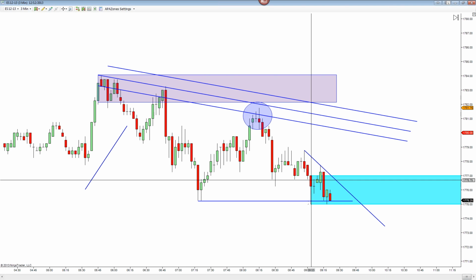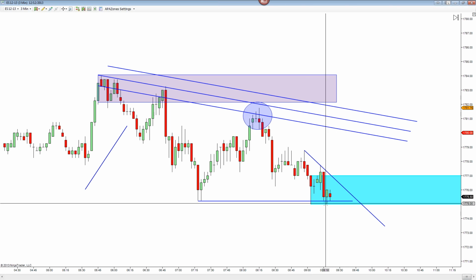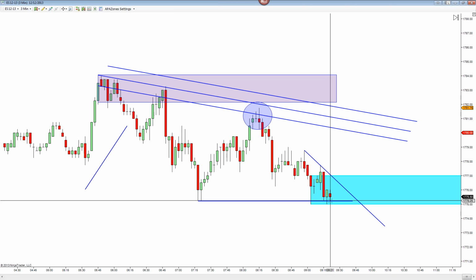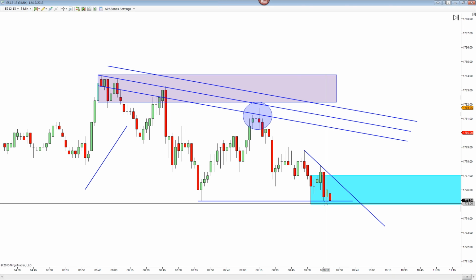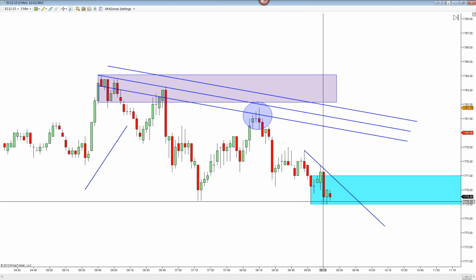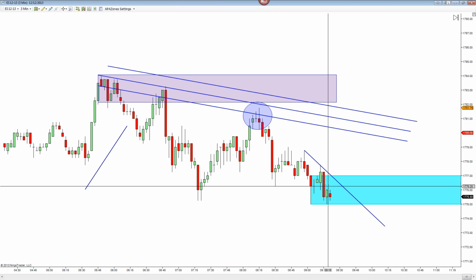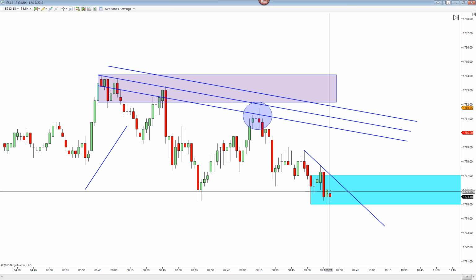See the exhaustion on that wick right there, and failure to break the low on this candle. So we need some follow through to happen here, but this green candle is a new low from the previous red candle, okay?